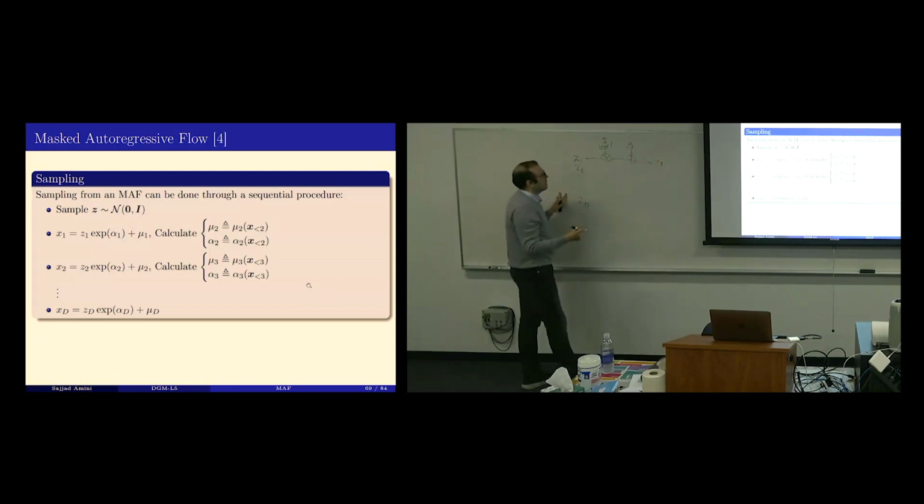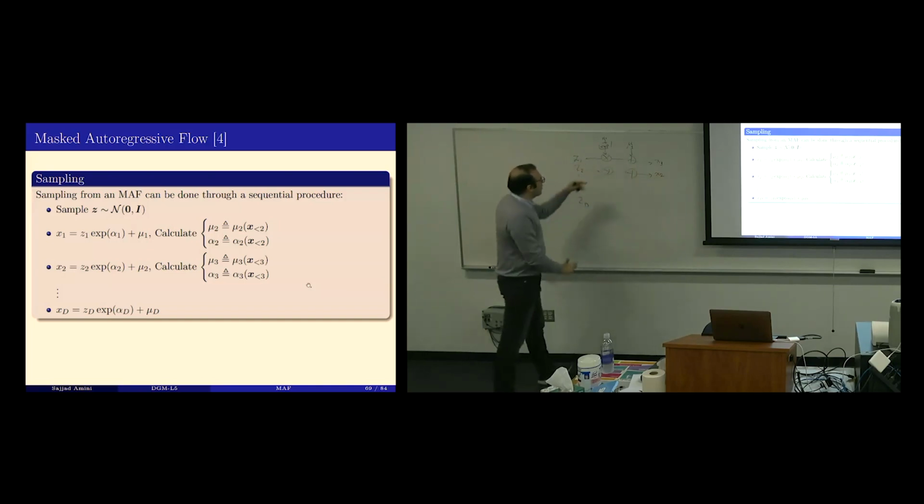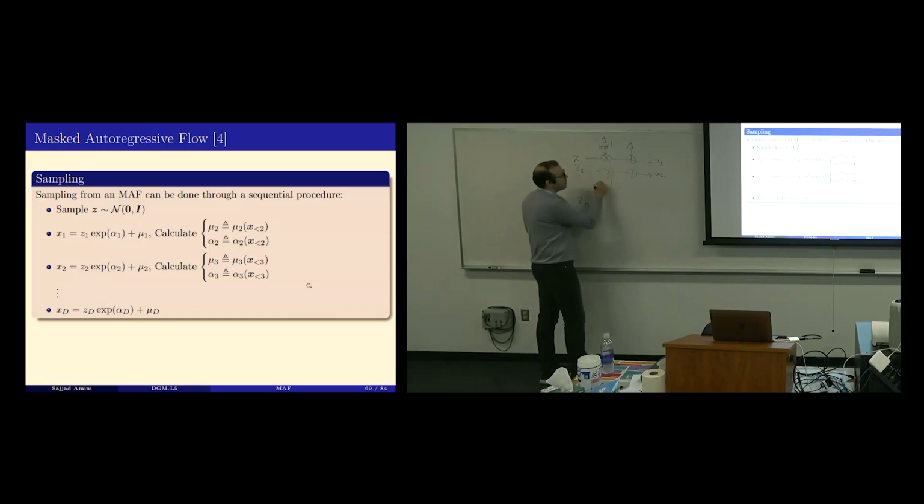So the first element is generated. For the second element, we need one multiplication here and one addition here to generate x2. We know that this multiplication is done by the exponential of a real value alpha 2, which is a function of x less than 2.